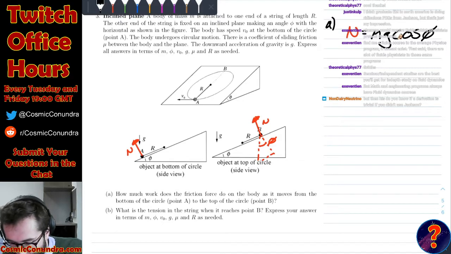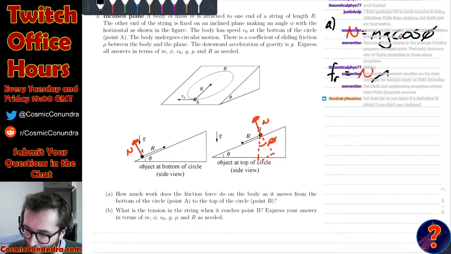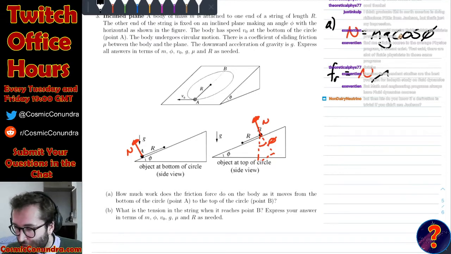So that's the magnitude of the reaction force, and you know that the frictional force, which I'm going to call Fr, is given by the normal force multiplied by the coefficient of friction, or rather this is the maximum friction you can find. But of course, if the object is moving, its friction is maximal.